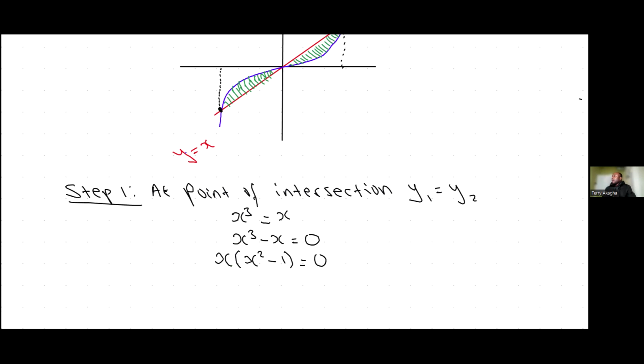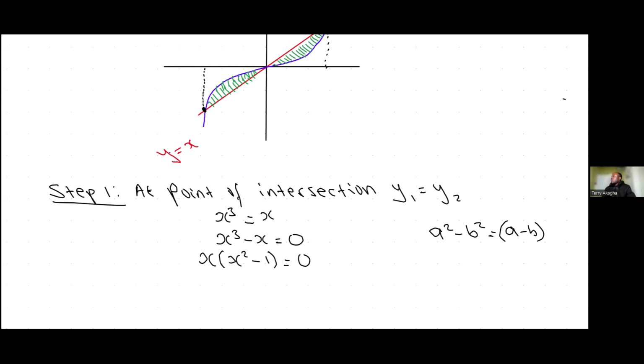Remember I told you a squared minus b squared is equal to a minus b and a plus b, okay? I can also write this as x squared minus 1 squared because it's a form of difference of 2 squares. So that means it's going to give us x minus 1 and x plus 1.